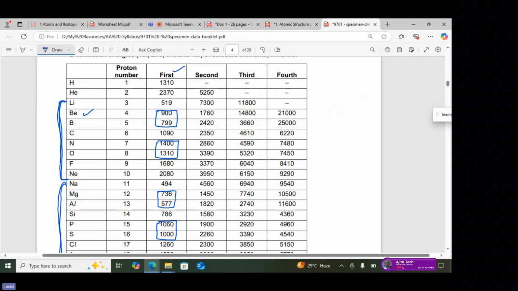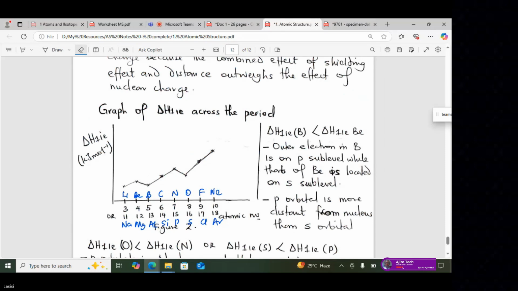Let's go back to the note. It's in the note. Can you read this, please? I'm saying that the first IE of boron is less than the first IE of beryllium.